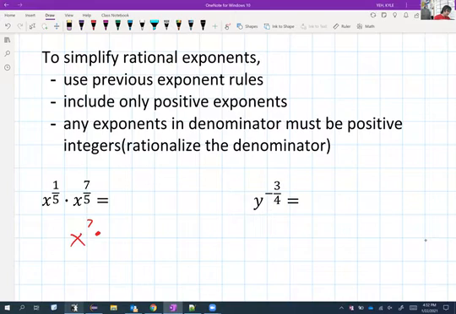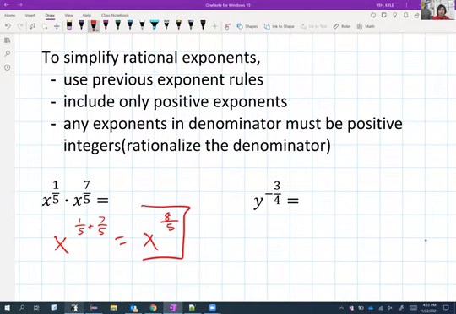So x to the 1/5 times x to the 7/5 would be x to the 1/5 plus 7/5. They have a common denominator, so we just add them together: x to the 8/5 power.